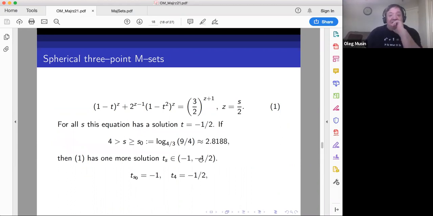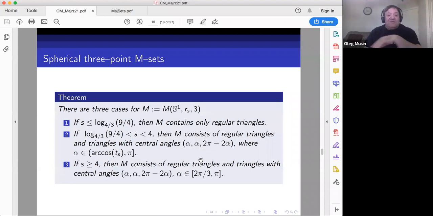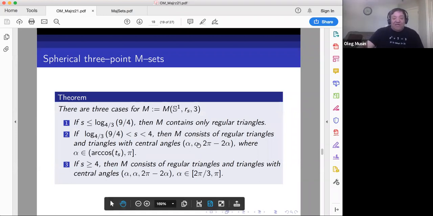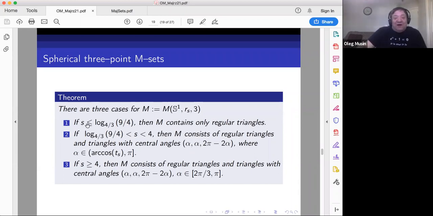Actually, I completely solved the question for 3-point sets. Here is a theorem; let me skip it. But what is interesting is that even for 3 points on the circle, the answer is not so obvious. For s less than or equal to this number, we have a regular triangle.